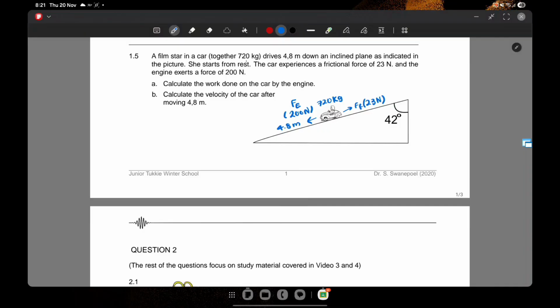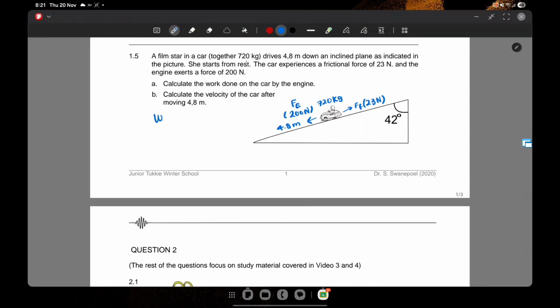Alright, now B is asking to calculate the velocity of the car after moving 4.8 meters. This is very similar to the last question we did, where they ask for the velocity after a certain distance. We'll find the net work done, and then we'll equate it to the kinetic energy formula to find velocity.